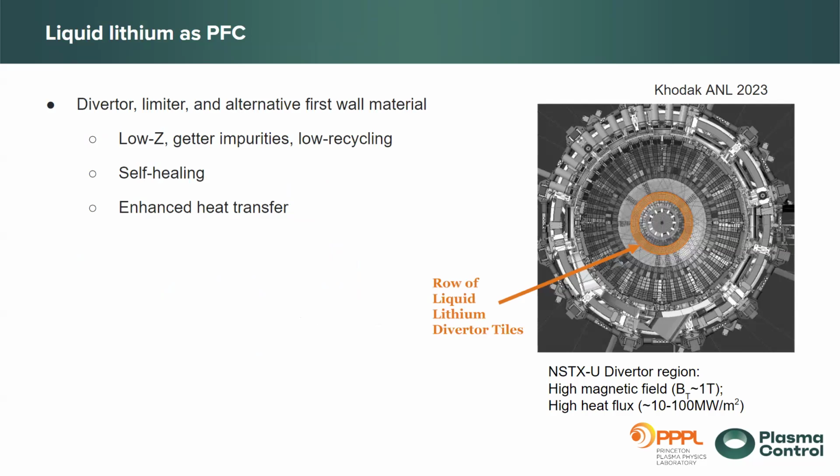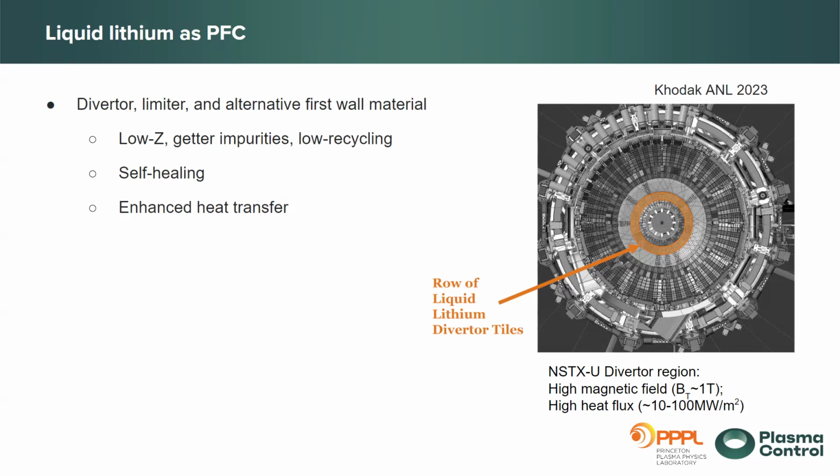Liquid lithium has been proposed as an important concept for plasma-facing components, and it has a lot of benefits. It's low Z, and it can gather impurities from the plasma and enter these low recycling regimes. It can self-heal, especially as we face a lot of wall damage from extreme particle and heat flux.